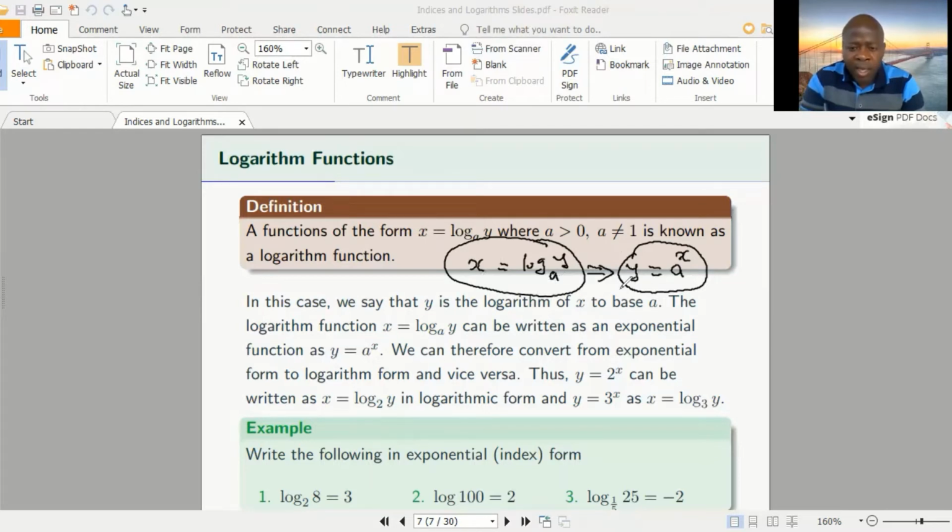If I have the exponential form, I can write it in the logarithmic form by introducing log here, and then x goes to where y was. So then this 2 becomes the base.